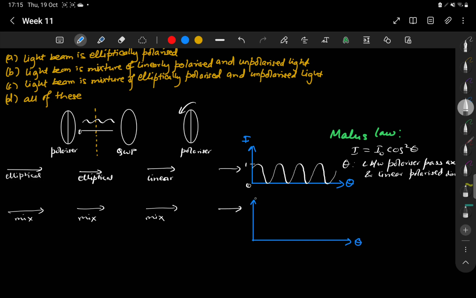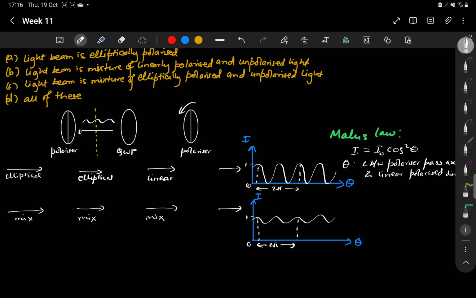So this is theta, this is the normalized intensity. So this is 1, this is 0. And the difference is, so let's say for here, this was 2 pi, let me just remind. And here again, this will be 2 pi.